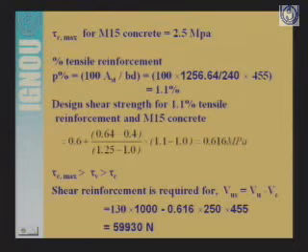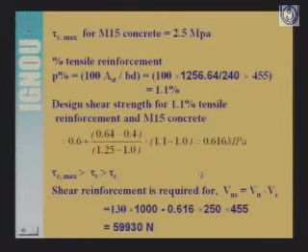Here also interpolation is done because the information is available for 1% and 1.25%. So for 1.1% we can calculate by interpolating like this, and tau c is calculated as 0.616 MPa.